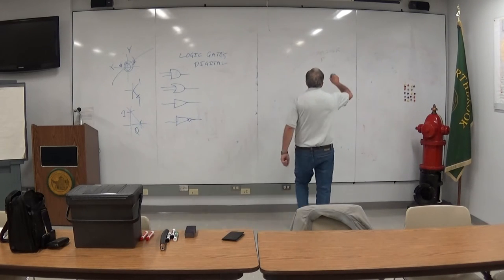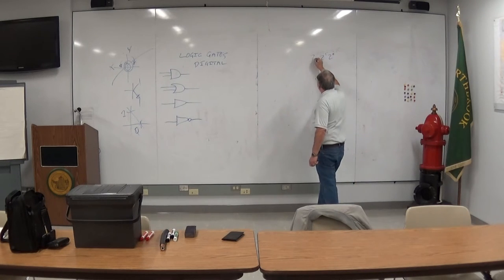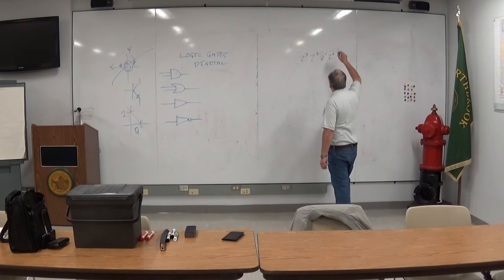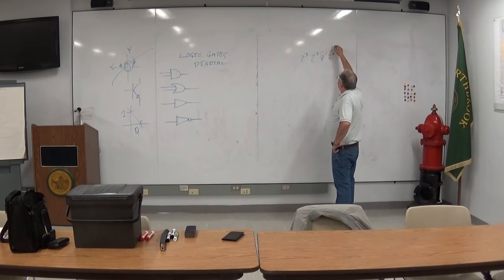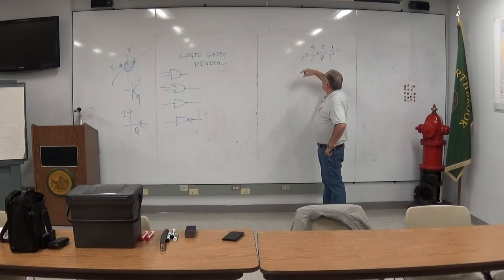So we're going to have the same deal in binary. First and lowest rank is 2 to the 0, then 2 to the 1, 2 to the 2, 2 to the 3. I think we can stop there. What is 2 to the 0th? Anything to the 0 is 1. What is 2 to the first power itself? 2. What is 2 squared? 4. What is 2 cubed? 4 times 2 again is 8.